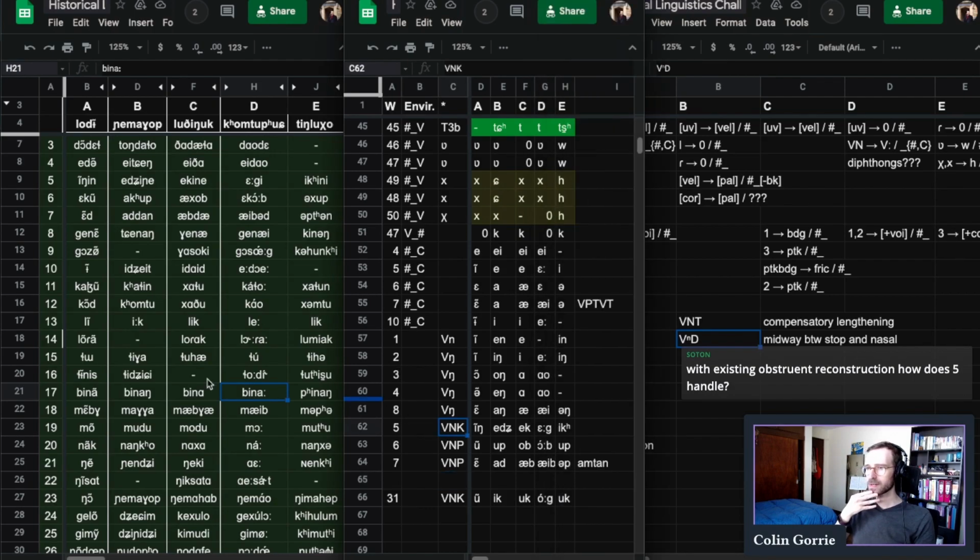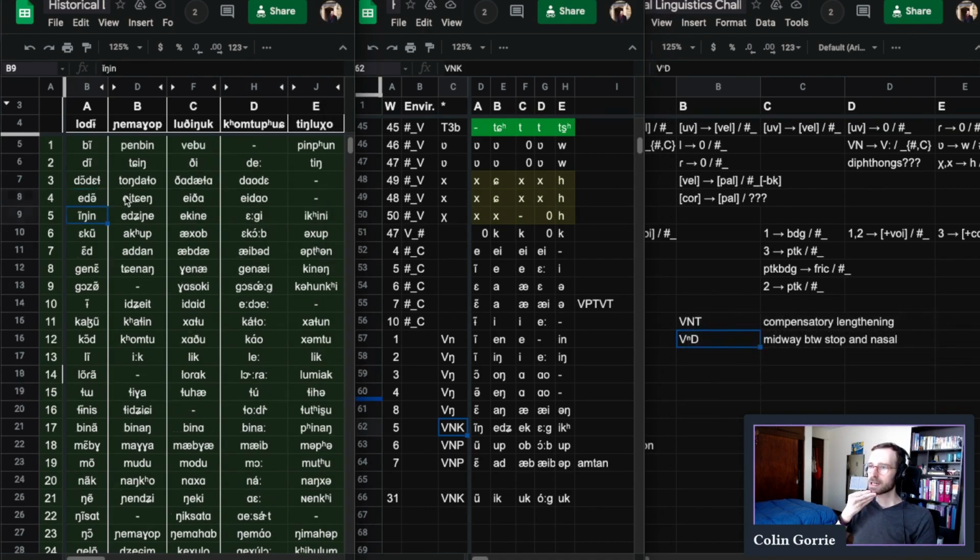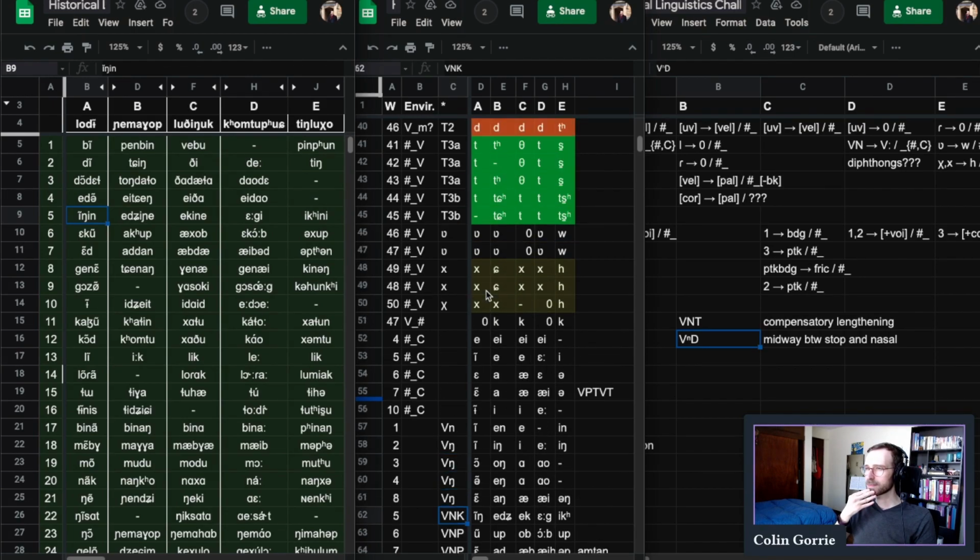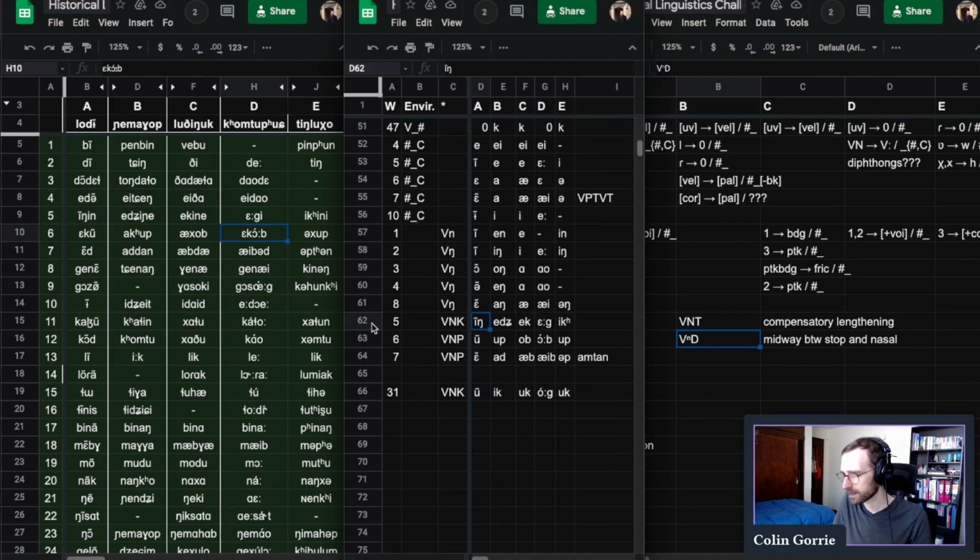How is 5 handled with our existing obstruent reconstruction? Well, we have to decide what this consonant corresponds to. So let's treat the obstruent on its own here.